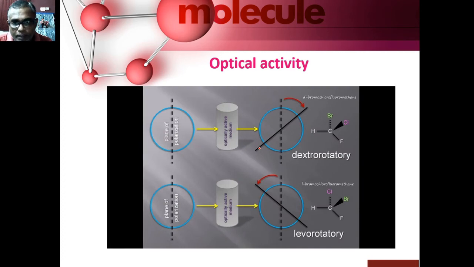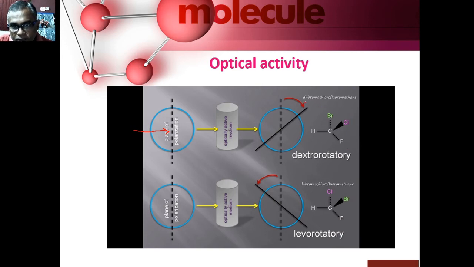What exactly happens when you pass your light through an optically active medium, with a plane of polarization, that is a polarizer? After passing through the medium, if the light moves towards the right, away from the plane of polarization, then you consider this molecule as dextrorotatory.